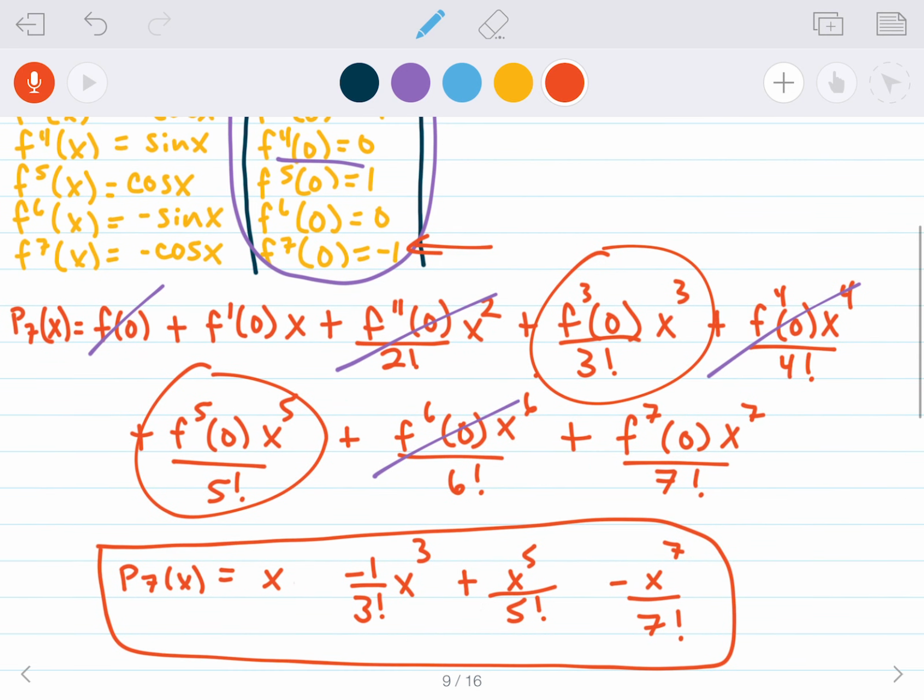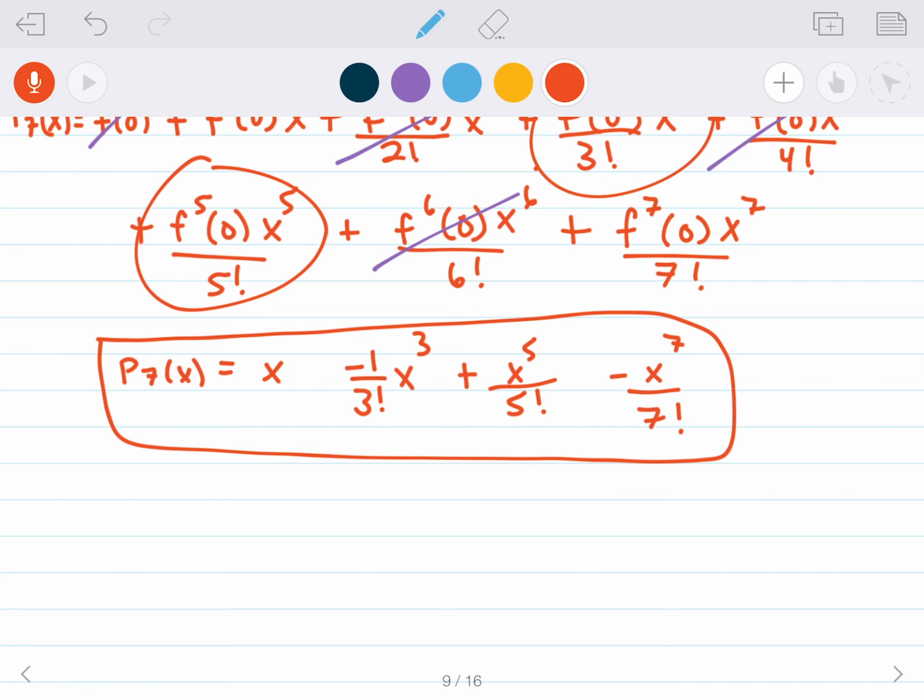All right, so here's our polynomial. So the question is, how good is this approximation? How good is it? And what does that mean, good? That's a good question for you guys to ponder.